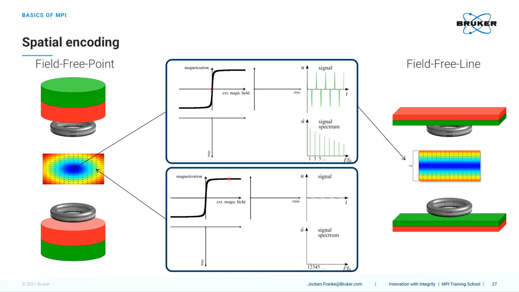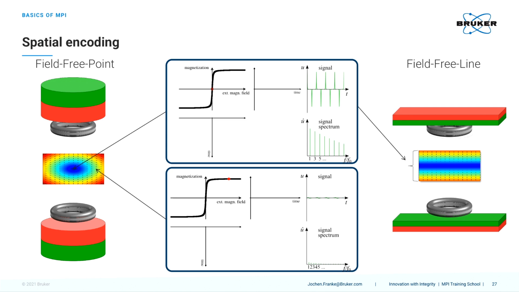All right, so I've talked a lot about the field-free point: if we are going through the center, having this magnetization, having induced signal and a spectrum, and if we are far away from this field-free point, we stay in saturation, right?